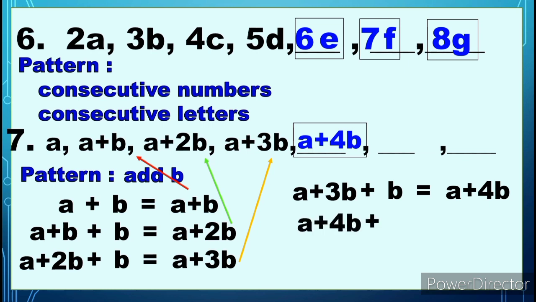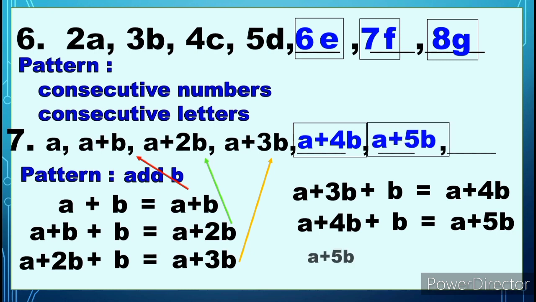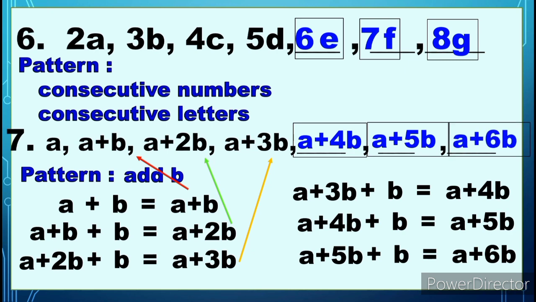Then, A plus 4B, then add B. The pattern B is equal to 4B plus B equals 5B. Therefore, we have A plus 5B. Then, A plus 5B plus the pattern B. Then, we have 5B plus B is 6B. Therefore, A plus 6B is the next term. Therefore, the next three terms of the given sequence are A plus 4B, A plus 5B, and A plus 6B.